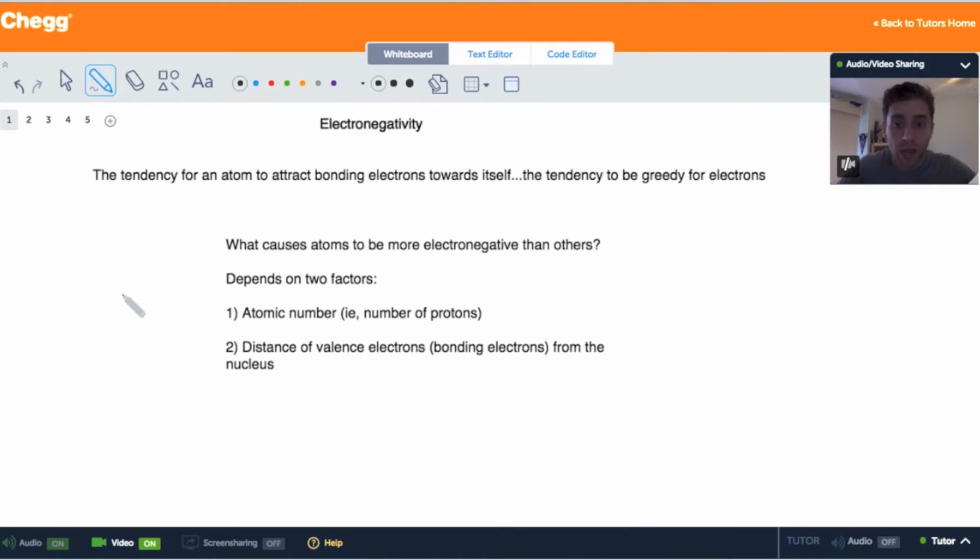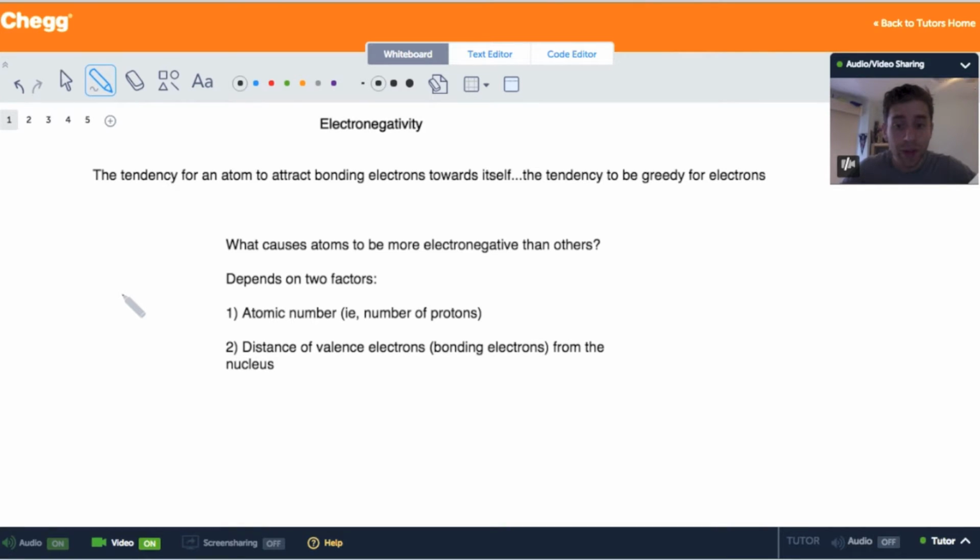So what causes atoms to be more electronegative than others? Well, it depends on two factors. The first one is the atomic number, which is the number of protons, which you can think of basically as just positive charge, which is going to attract negative charge, which are the electrons. So the more protons something has going across a row in the periodic table, we'll see it affects the electronegativity.